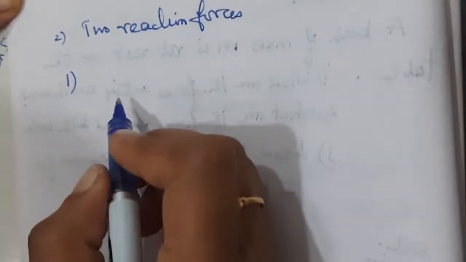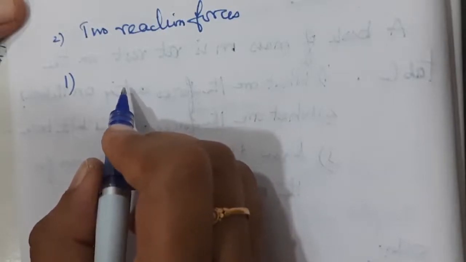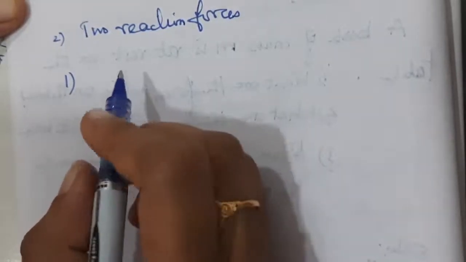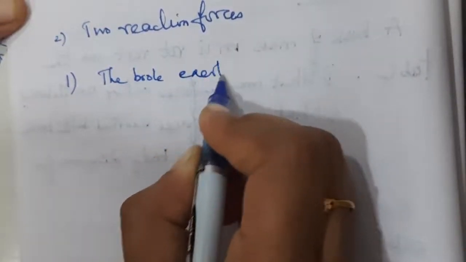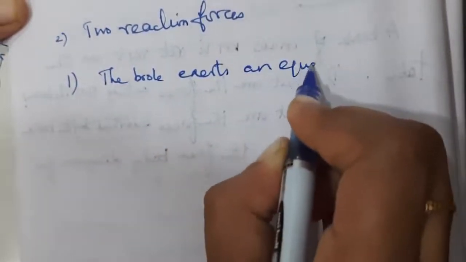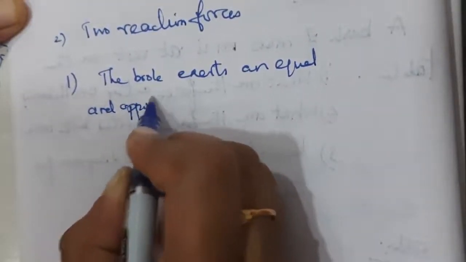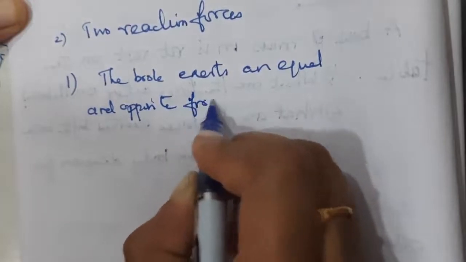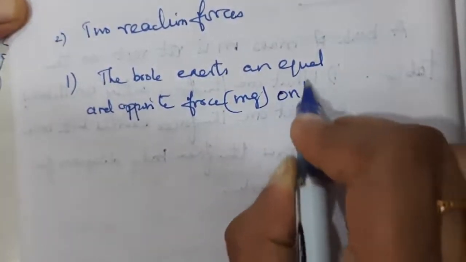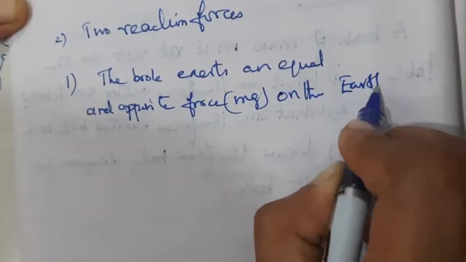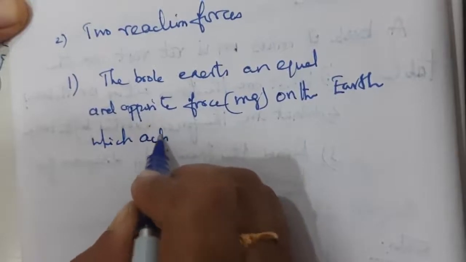One is, the book exerts an equal and opposite force, which is mg, on the earth, which acts upwards.